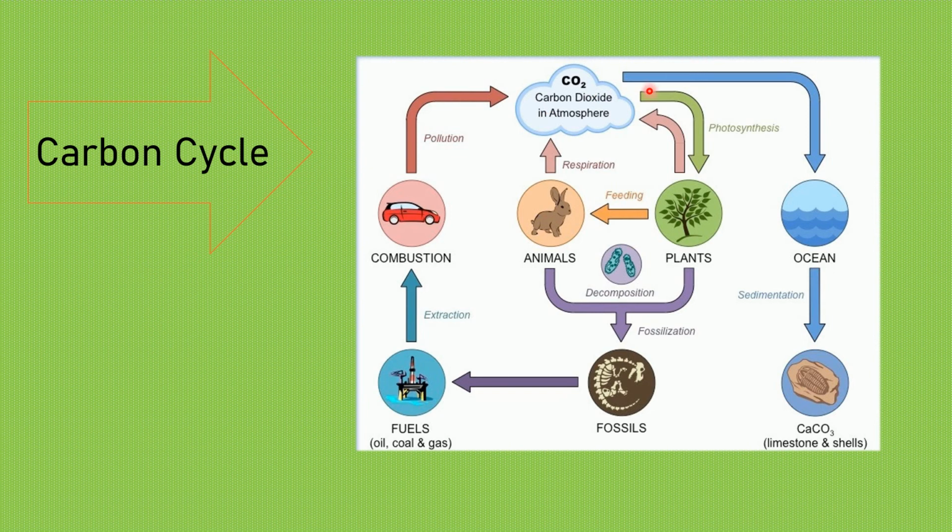Now let us see what happens when this carbon dioxide dissolves in water. You all know two gases which dissolve in water are oxygen and carbon dioxide. So a large amount of this carbon dioxide is going to go into huge water bodies, that is oceans and seas.